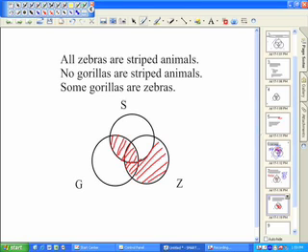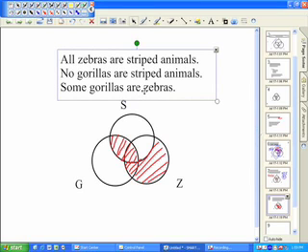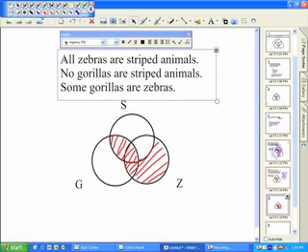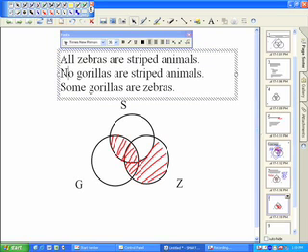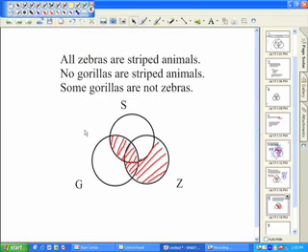I have to make a slight modification in this that will help me immensely. Okay, all zebras are striped animals. No gorillas are striped animals. Some gorillas are not zebras.